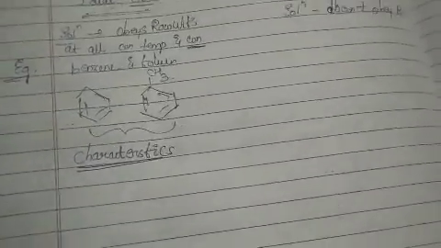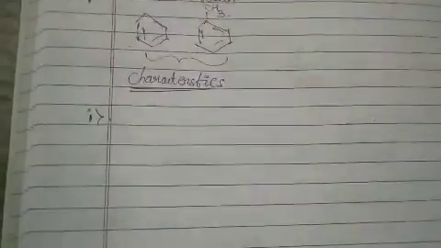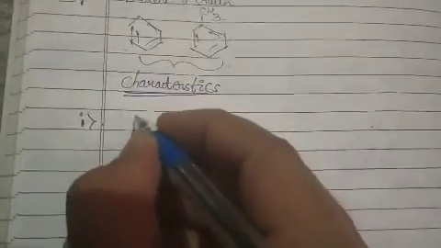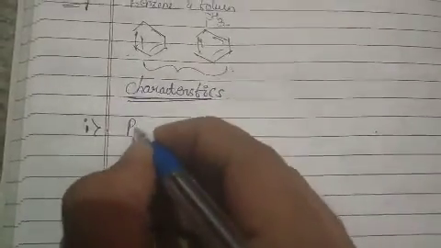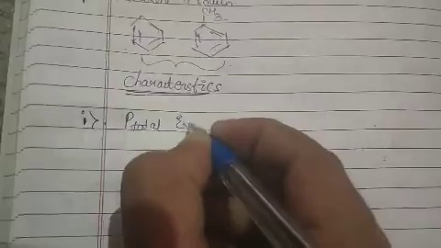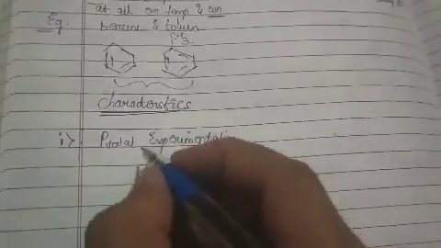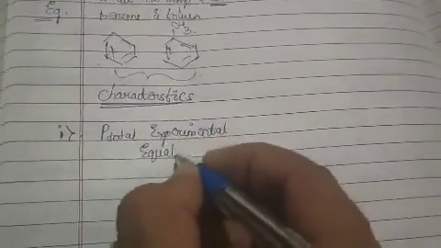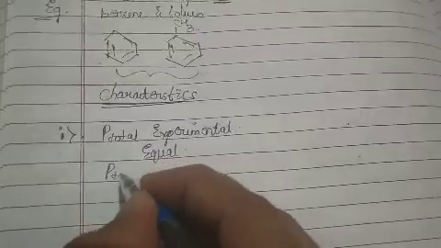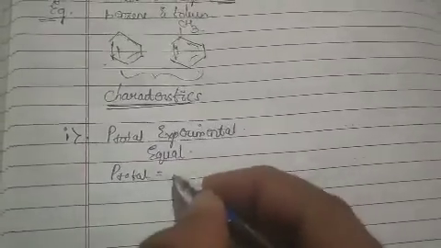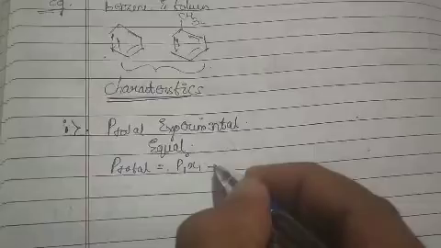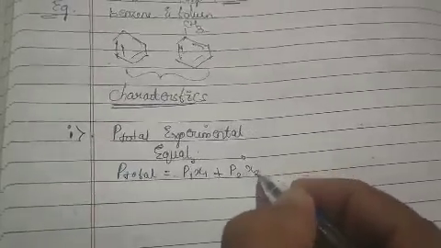Basically, we have certain characteristics. What are those characteristics? The first most important characteristic to say that the two solutions are ideal is that whatever total pressure you calculate experimentally matches, or is equal to, the value you calculate from Raoult's law, that is P1 naught x1 plus P2 naught x2.